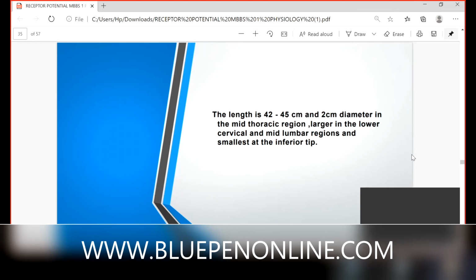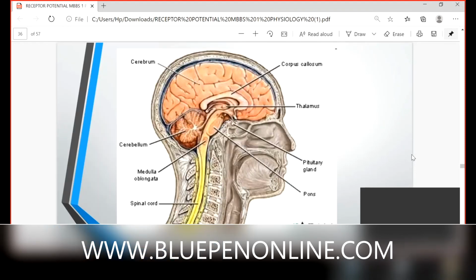Usually we can say that it is 2 centimeters in diameter, but slight variations can be seen, slightly larger than 2 centimeters in the lower cervical region and the lumbar region. And at the inferior tip, the last portion of the spinal cord, there will be a slight decrease in diameter. But as such, if you say the diameter, it is 2 centimeters.